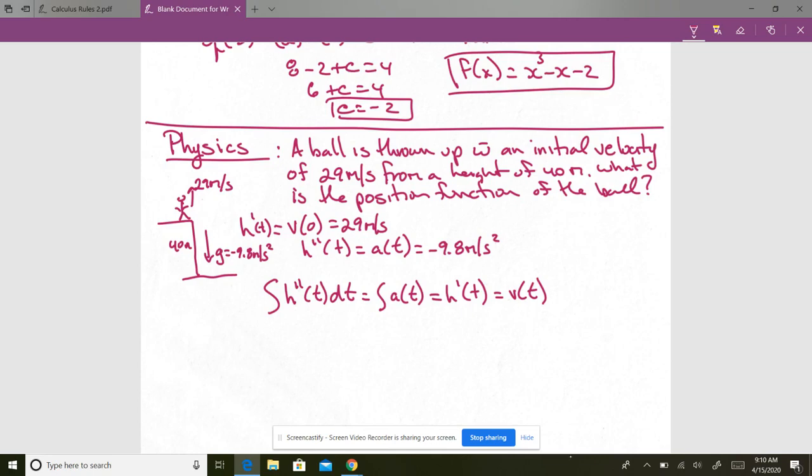So let's do that. I integrate negative 9.8. I'm going to get negative 9.8 t plus c. That is my first derivative or my velocity function. All right.